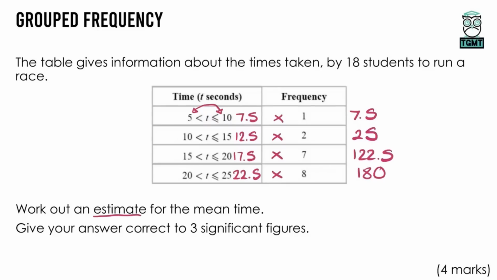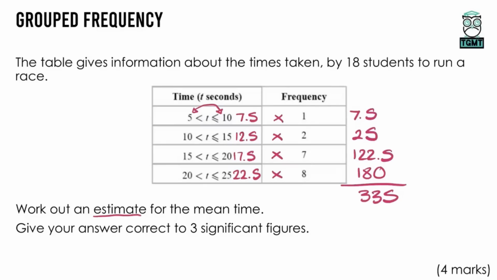Now we know the total of each row, we can get the overall total. So 180 plus 122.5 plus 25 plus 7.5 comes out as an overall total of 335.